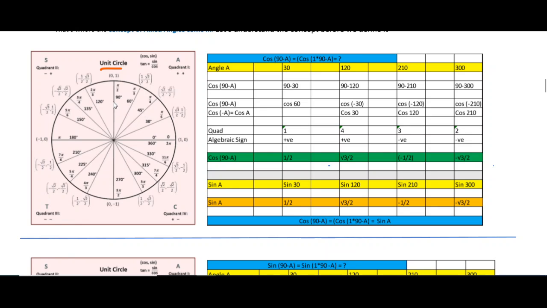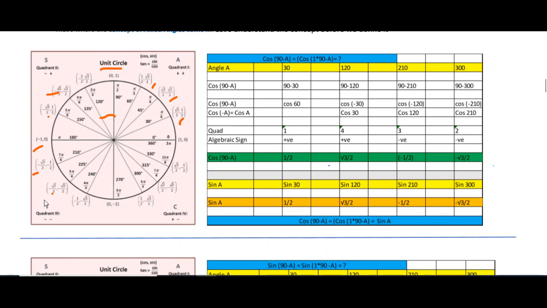Although the angle grows to 120, technically this piece is still 30, and we can always apply the concept of reference angles and fill this in. If you see the pattern, you'll notice that the values just keep on repeating. It doesn't change. What changes is the algebraic sign. The value is always repeating based on where the function falls.